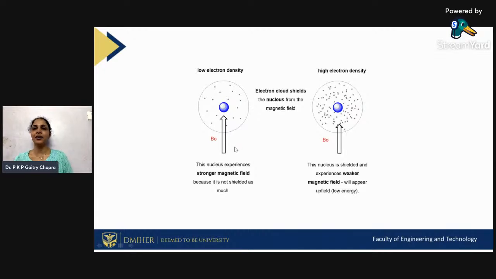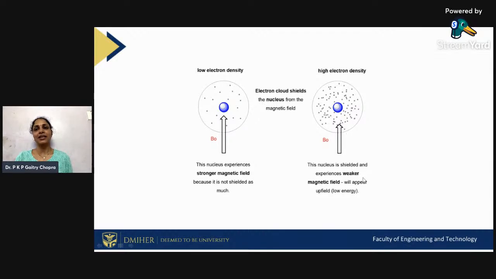Now, if you see the second part of the image, here the electron density near the nucleus is more. What happens? The electron itself is spinning, it is also revolving. So it also induces its own magnetic field. The magnetic field induced by the revolving electron is called the secondary magnetic field, or the induced magnetic field of the electron.